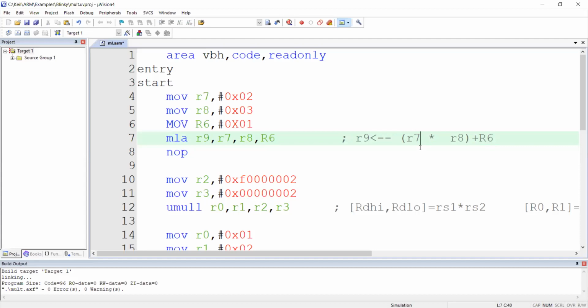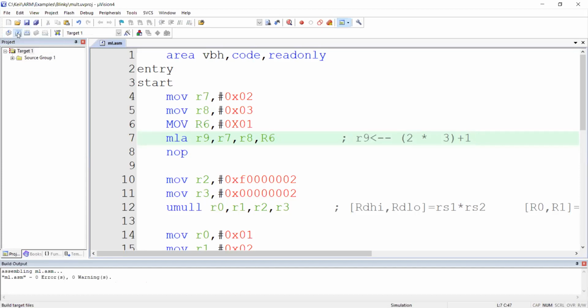Hence, what is the answer now? R7 value is 2. Then R8 value is 3. So then R6 value is 1. So 2 into 3 plus 1. That's a 6. Sorry, 7.